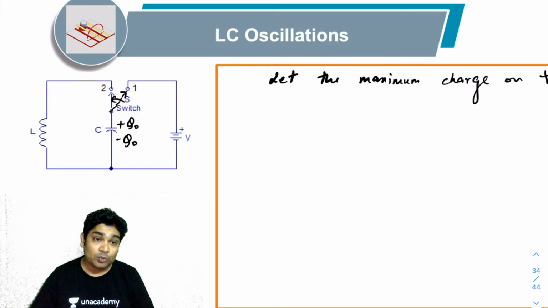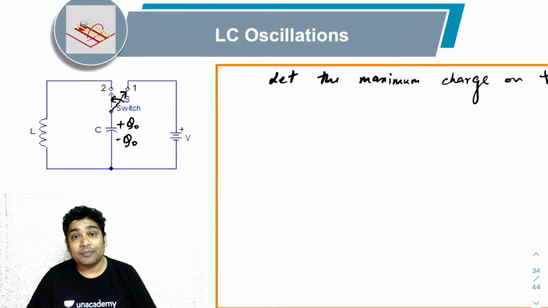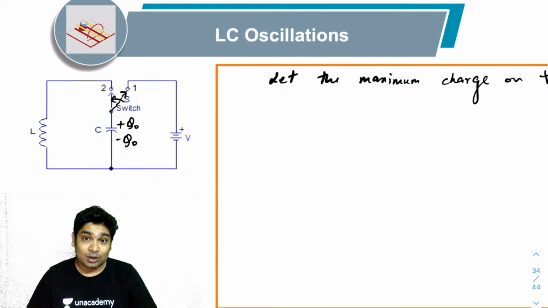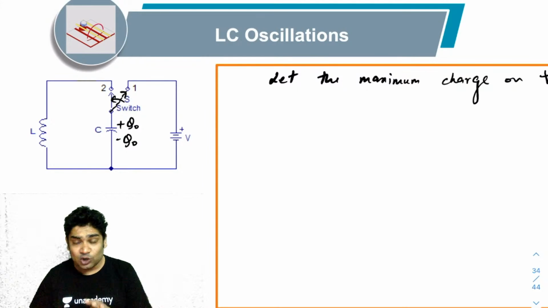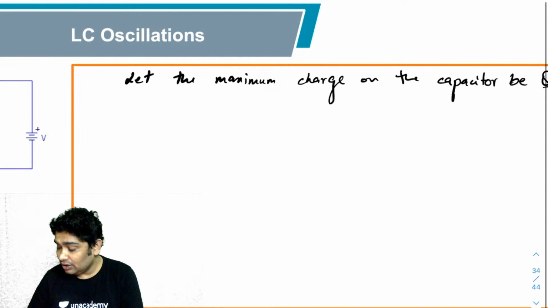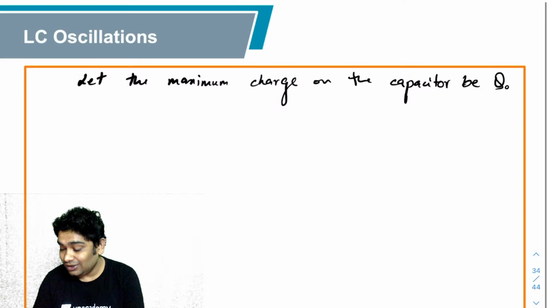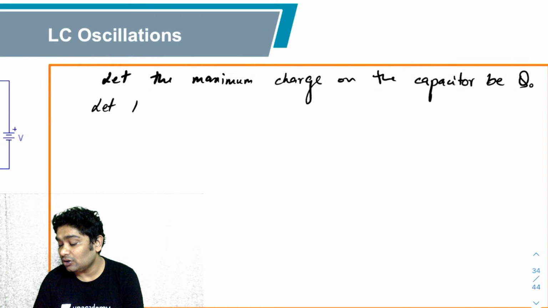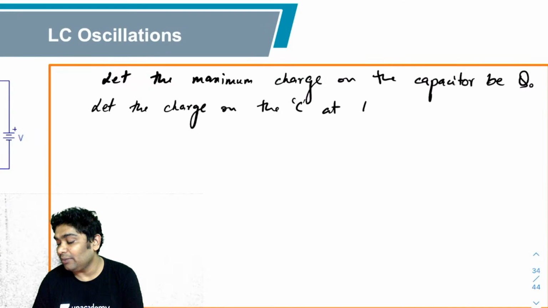Now when I shift it to position number 2, the capacitor will start to discharge. Let's assume after some time, let the charge on the capacitor at time t be some small q.